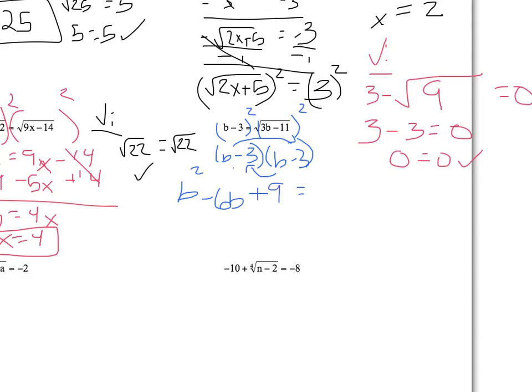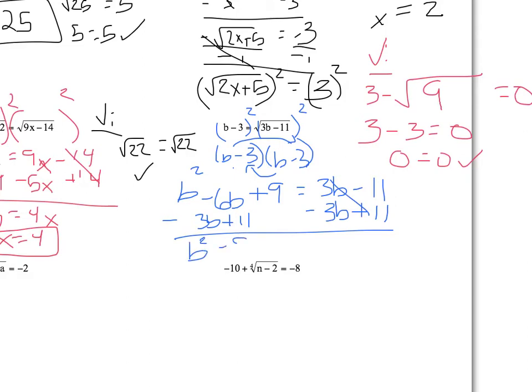Equals, when you square the radical, you just get the piece under the radical, 3b minus 11. To solve something with a squared in it, what you need to do is set it equal to 0 and combine like terms. So I'm going to subtract the 3b and add the 11. When you do that, you get b squared minus 9b plus 20 equals 0.